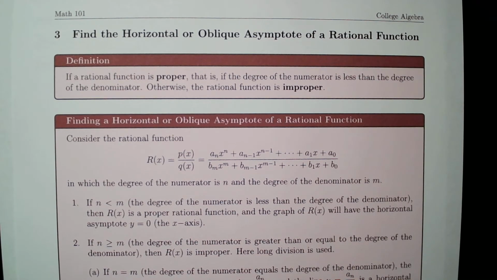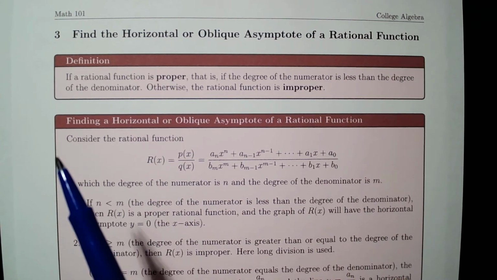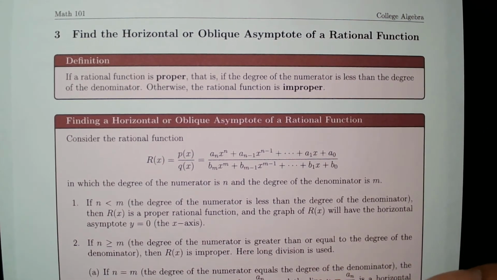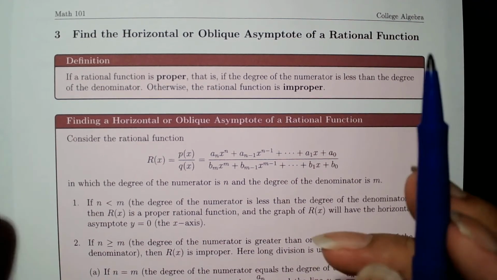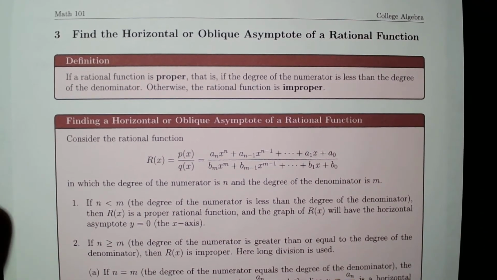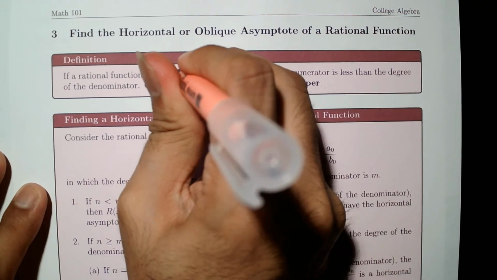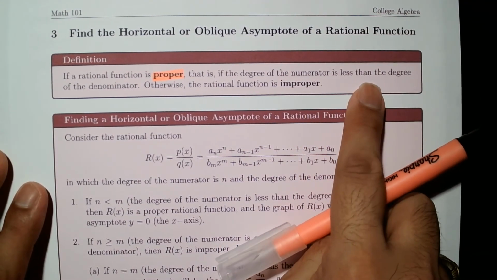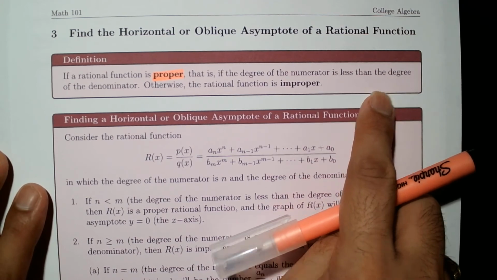Okay, now let's look at the other type of asymptotes: horizontal or oblique asymptotes of rational functions. All right, so let's first define whether a rational function is a proper rational function or an improper rational function. A rational function will be proper if the degree of the numerator is less than the degree of the denominator.